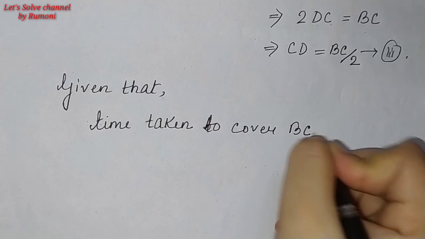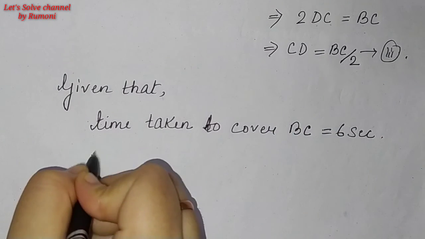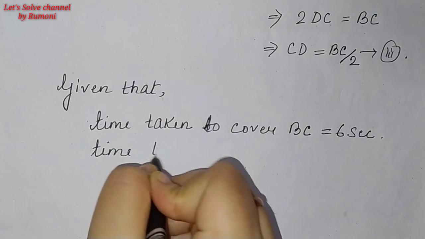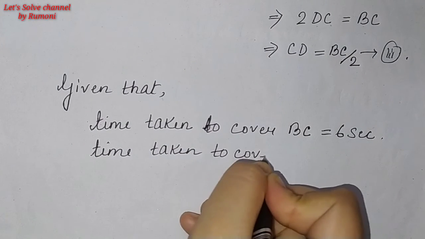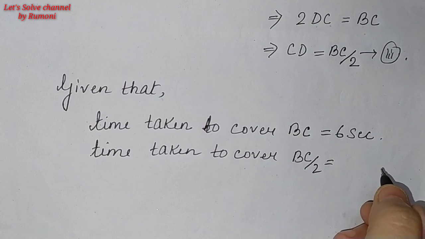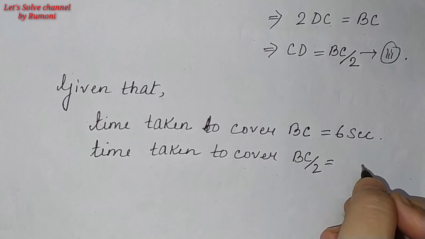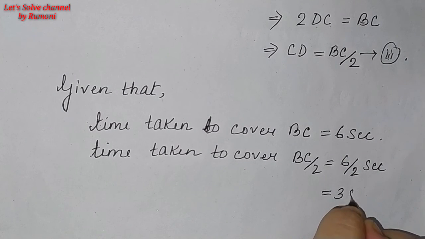It is given in the question as 6 seconds. Okay. So time taken to cover BC by 2 will be what, students? It will be 6 by 2, which is 3 seconds.